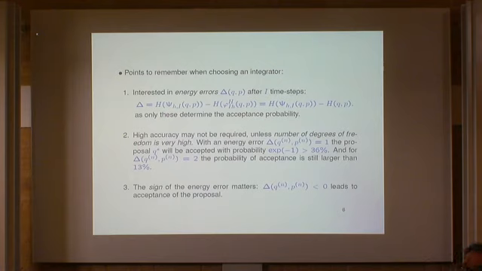And even if your error is 2 units, then you accept with probability 13%. That is not too bad. It's not ideal, but it's not too bad. Here there's a caveat, and this is that, of course, energy is an extensive physical magnitude that adds across degrees of freedom.